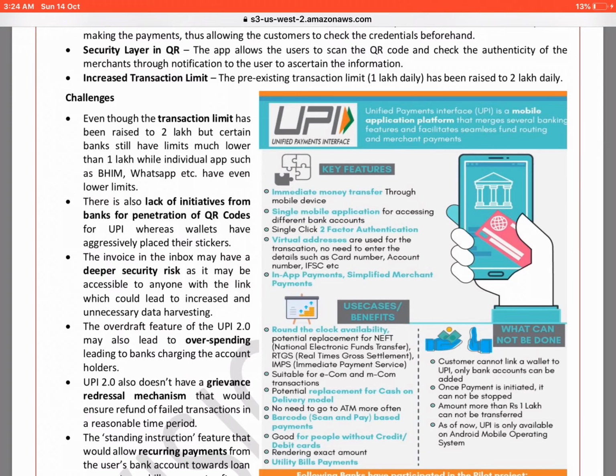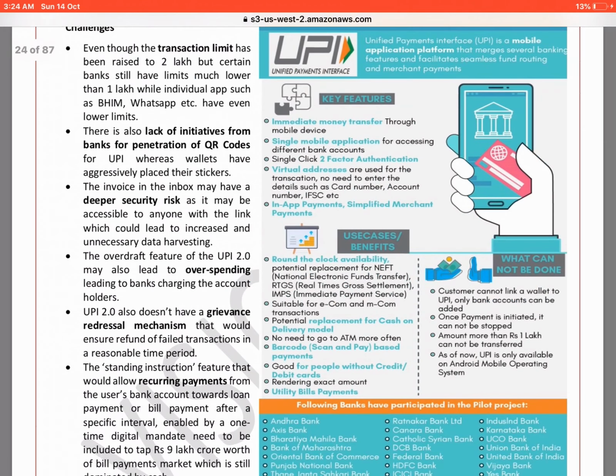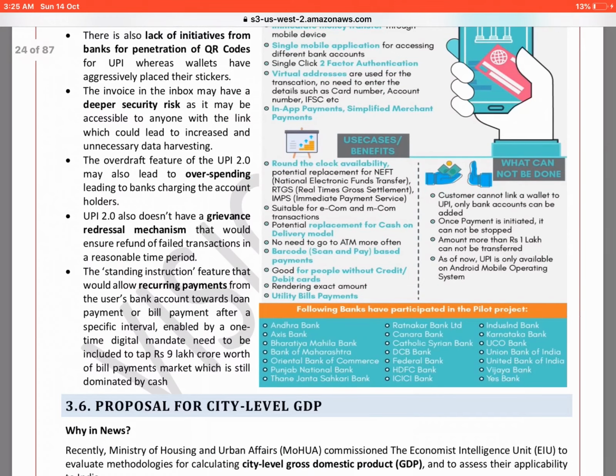These are the challenges. And the second one is the lack of initiatives from the banks for penetration of QR codes for UPI. So not all banks are initiating for the QR codes, whereas if you see other wallets like Paytm and PhonePe, they are increasingly encouraging use of QR code. So this is also the lack of initiative on the part of the banks.